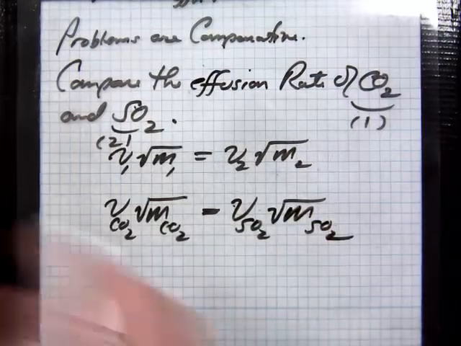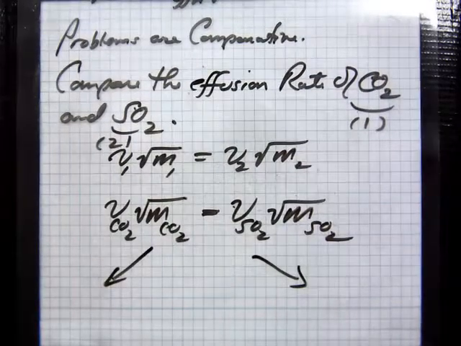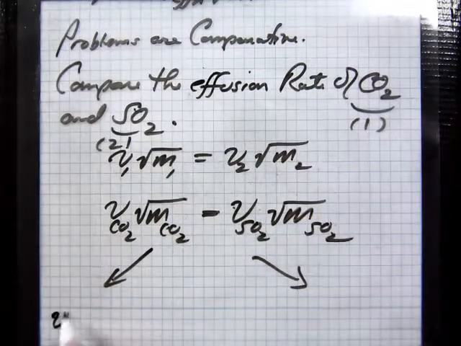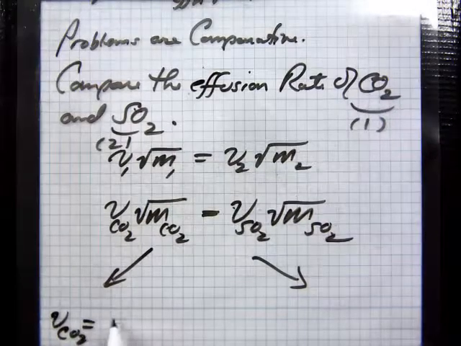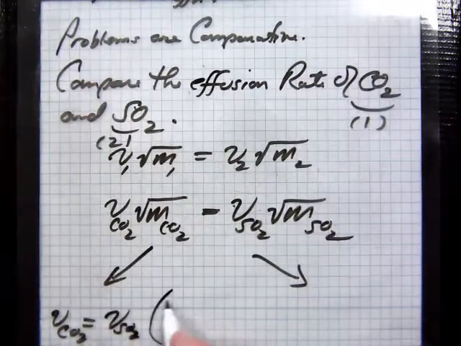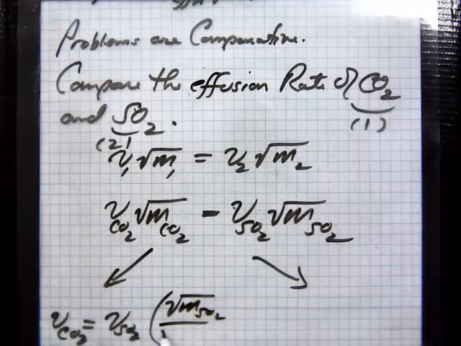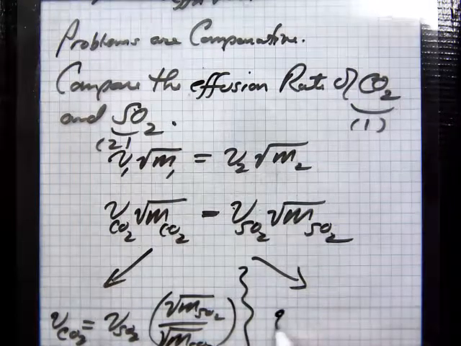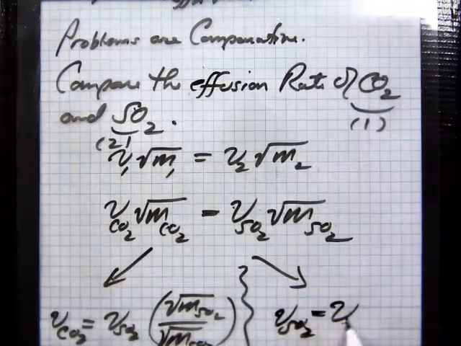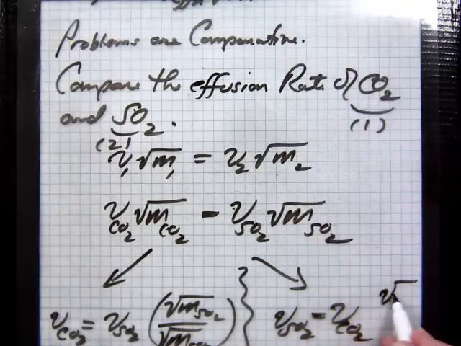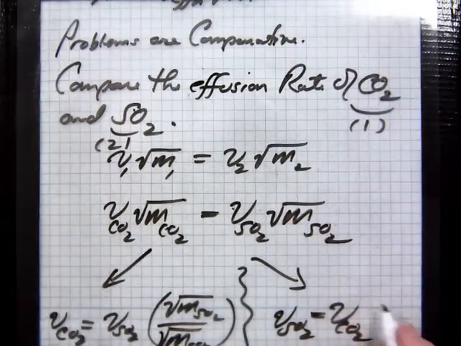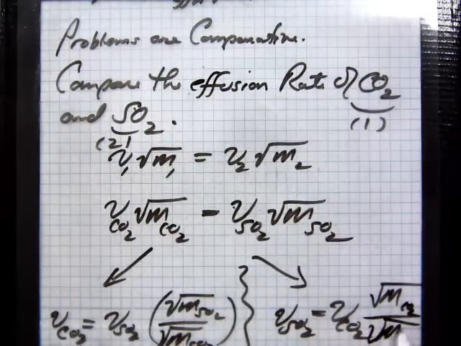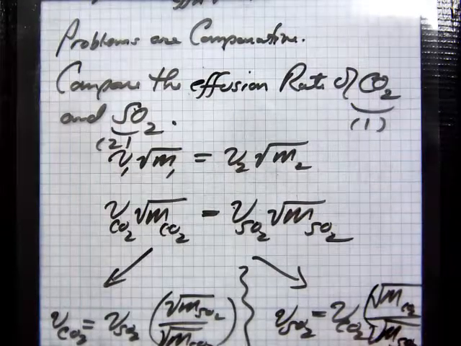Well, what it gives me is the opportunity to solve one in terms of the other. So I would have velocity of, say, CO2 is equal to the velocity of SO2 times the square root of mole weight of SO2 over square root of CO2. Or I would have velocity of SO2 equal to the velocity of CO2, and that would be the inverse of this, the square root of mole weight of CO2 over the square root of mole weight of SO2, and so forth like that.